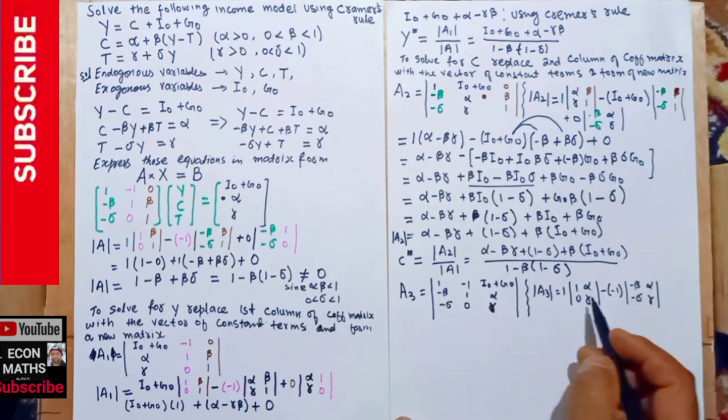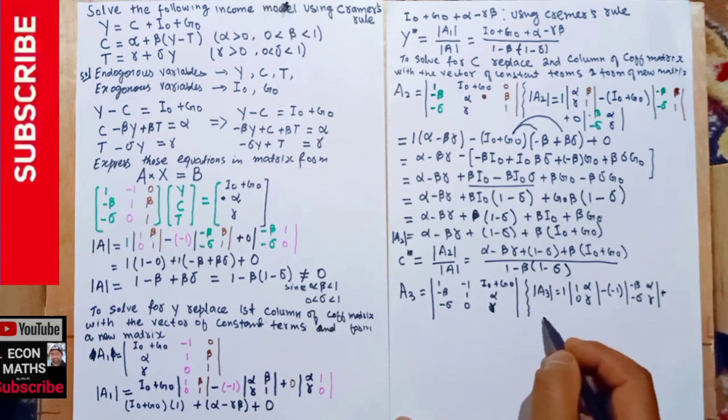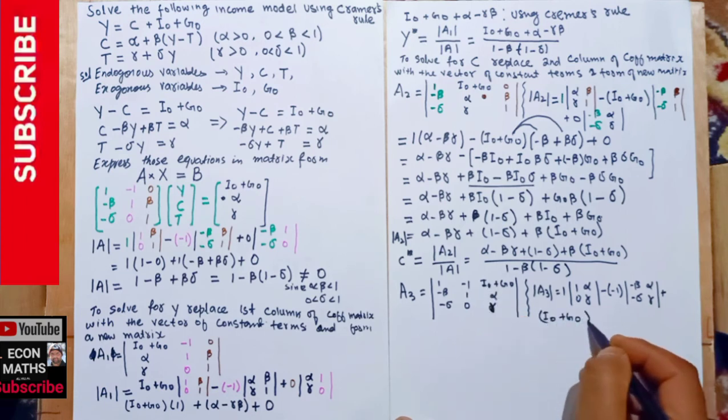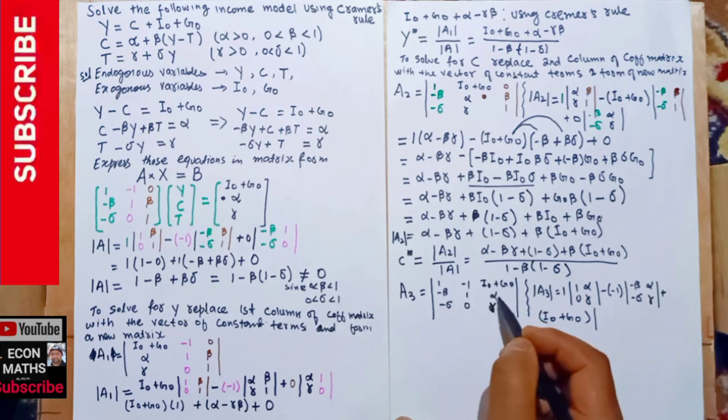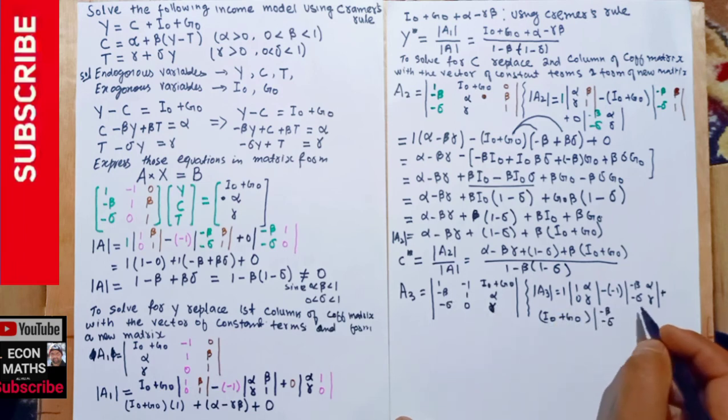Similarly, plus, so I will write here this last element I0 plus G0, multiply this. Now mentally delete the row and the column in which it appears and take the determinant of the remaining elements, that is minus beta minus delta, minus beta minus delta, and 1 and 0.